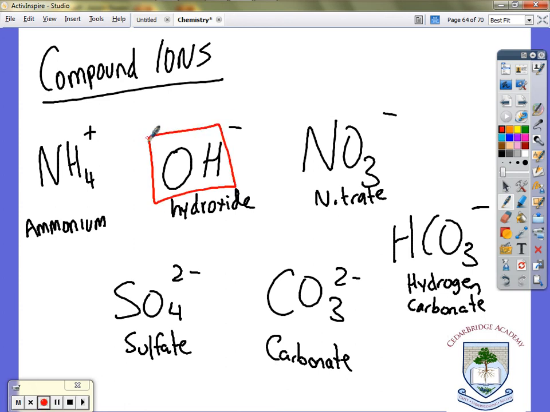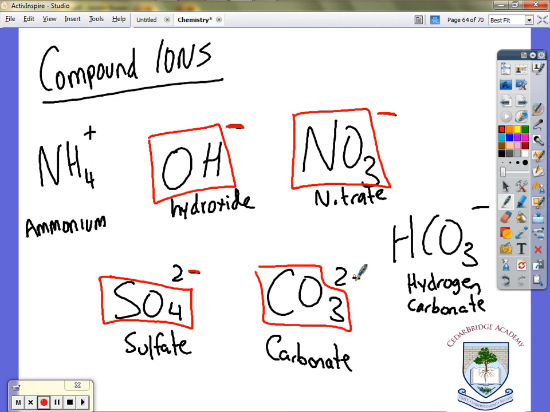So the OH comes as a package and its charge is -1. The NO3 comes as a package and its charge is also -1. The SO4 comes as a package, its charge is -2, and you're starting to figure it out, eh? So they come as a package. You do not interfere with the N's and the H's, you just interfere with the charge. I mean, you could try to, you'll just realize that it's already done for you.